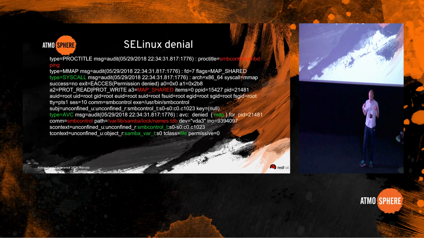From a user point of view or administrator point of view, if you focus on the red parts, you will see that there was a command samba-control smbd ping, and in the denial you will see that there is a map shared and command smb control and path equals /var/lib/samba/lock/names.tdb.